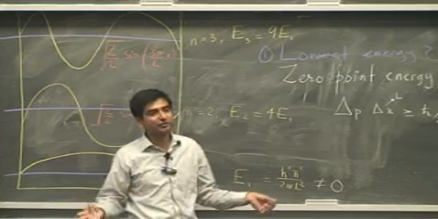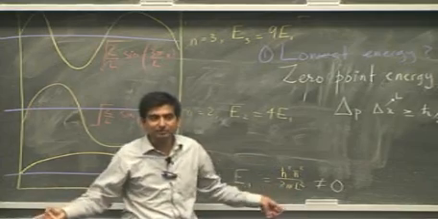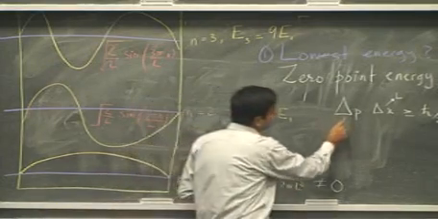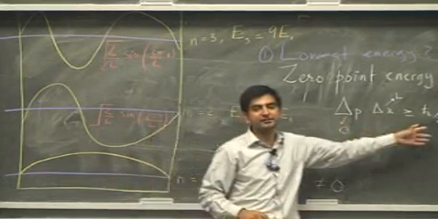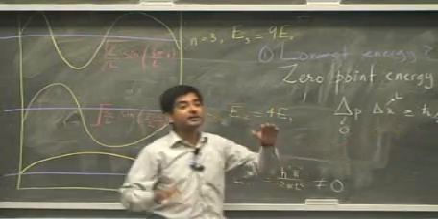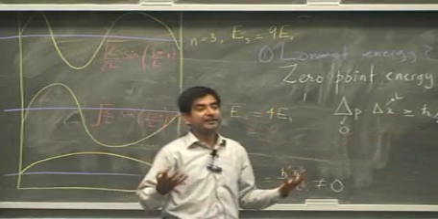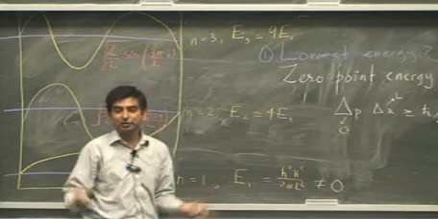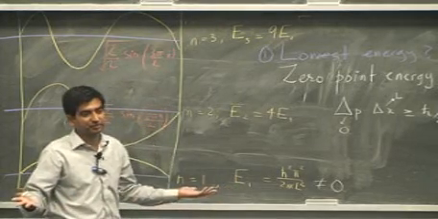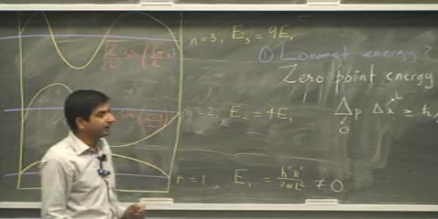And when the energy is well known, the momentum is well known, which is 0. So this would become 0. But this is not possible because you have to satisfy the uncertainty principle. Therefore, the 0 point energy is a direct consequence of the uncertainty principle, because then you know both the position and the momentum of the electron, which is not possible.